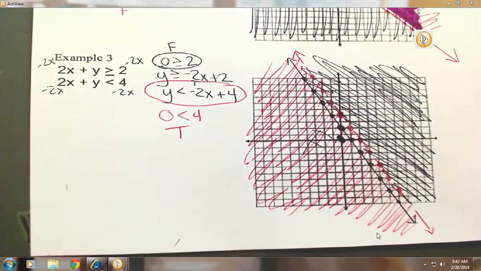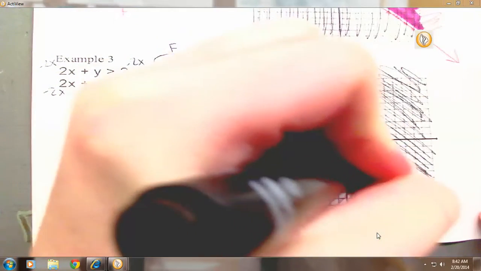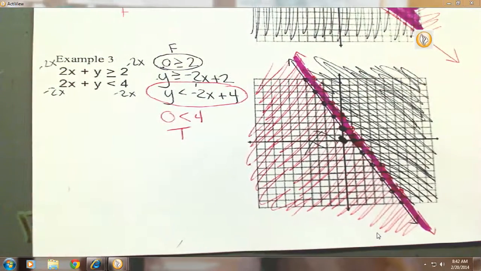That's a small area. It is. Where are your solutions? Right between the 2 lines. So right in there. I like to take a third color and shade in where the solution is. It really makes it easy to tell where your solutions are.